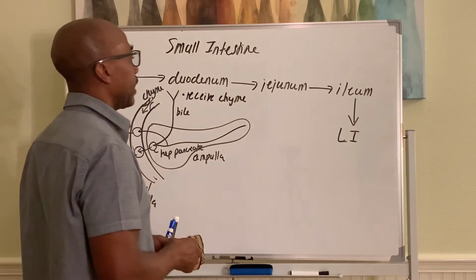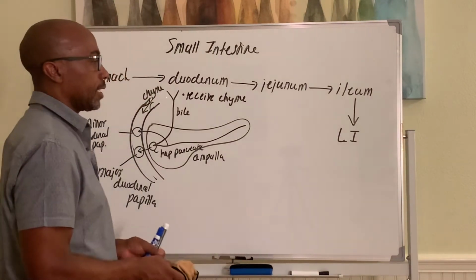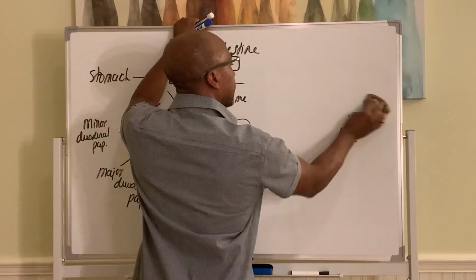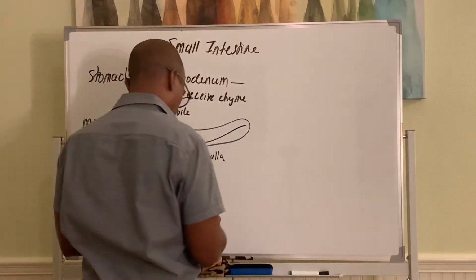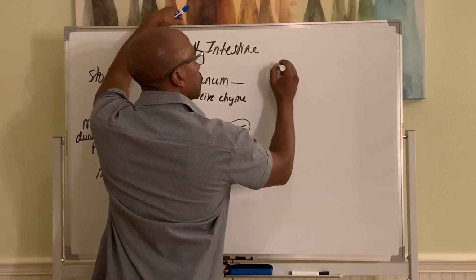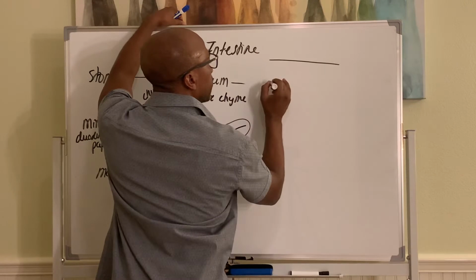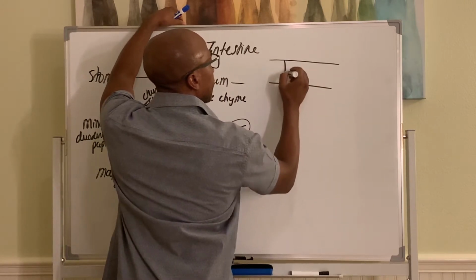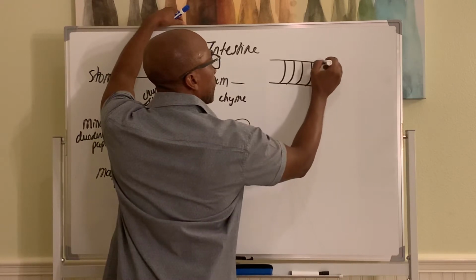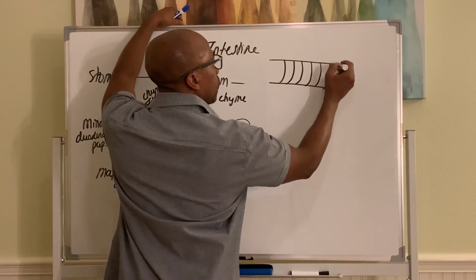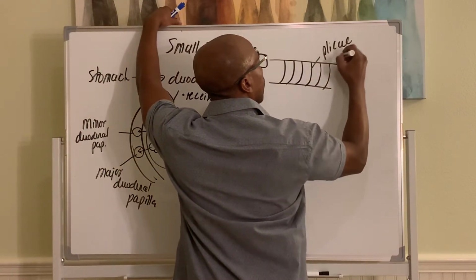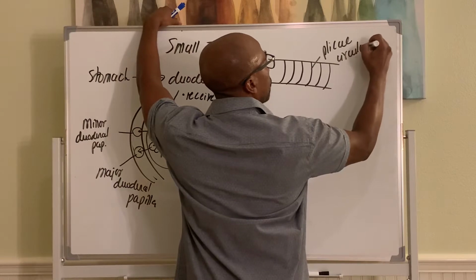So we're going to look at some of the modifications of the mucosa of the small intestine that allow you to do so. So this is the lumen of the small intestine. It has these circular folds in the mucosa called your plicae circularis.